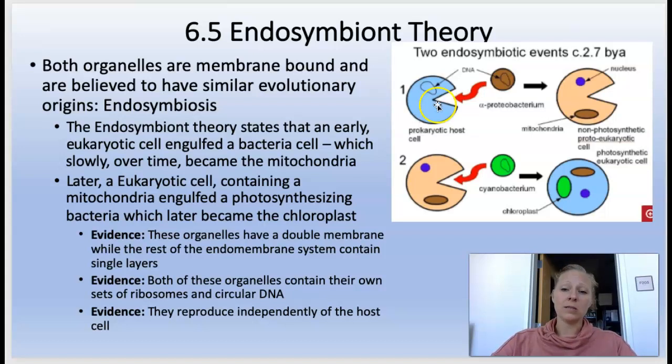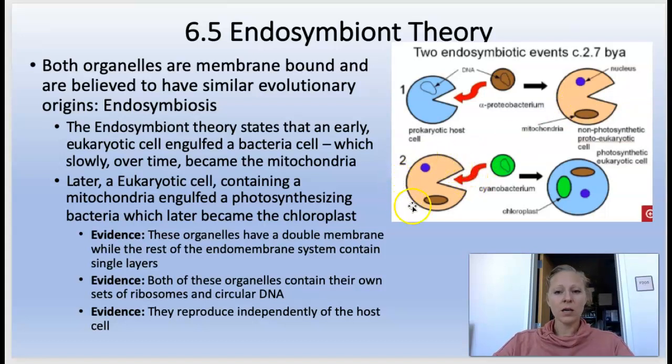The bacteria is in a safe space, and the host cell has extra energy. So here we have the host cell with the proteobacteria, which eventually becomes the mitochondria. So this is going to eventually become our eukaryotic cell, come billions of years later.